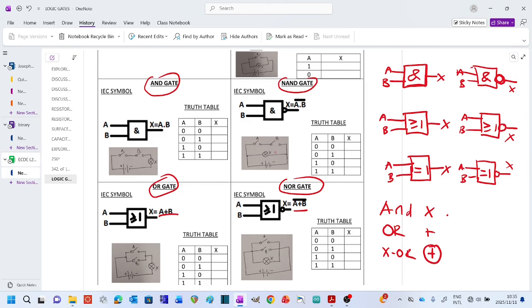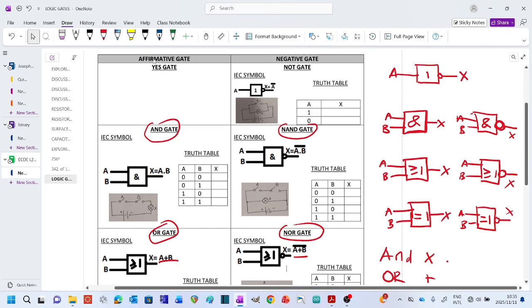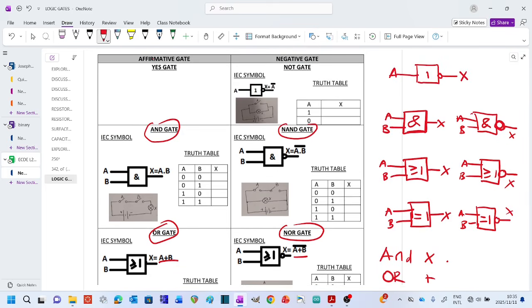Remember, in digital, 1 is the highest logic and 0 is the lowest logic. For the AND gate, for you to obtain a 1 in the output, A and B must both have a logic 1.